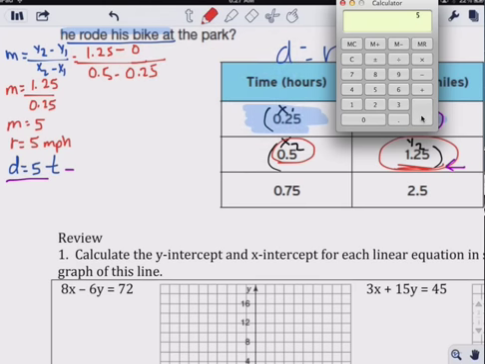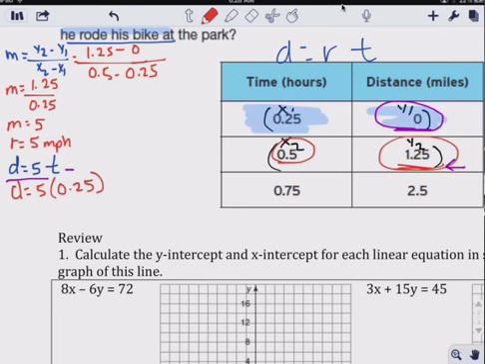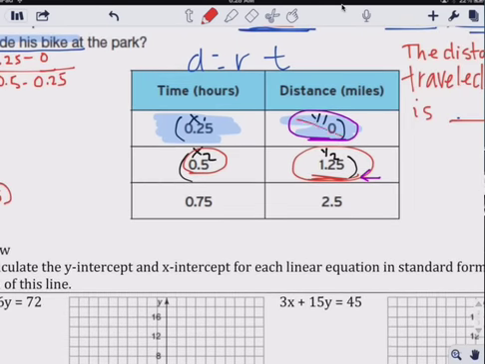So his distance to the park then is d equals 5 times 0.25, and that should get you, just to make sure, 1.25, but if you need to do that on your calculator, you can, and get a distance of 1.25 miles. So the distance is 1.25 miles. So this, instead of 0, should have said 1.25 miles.